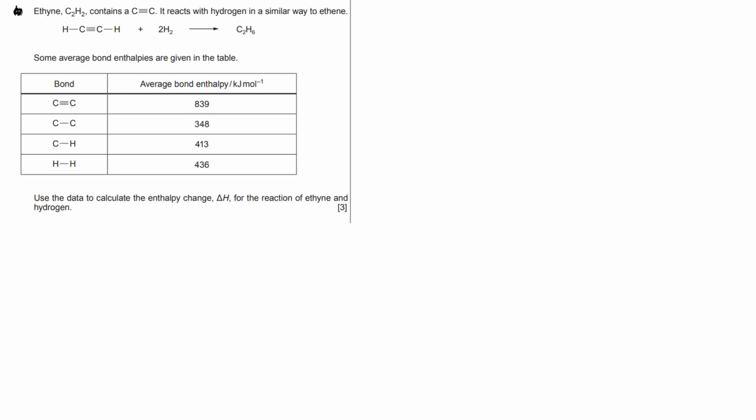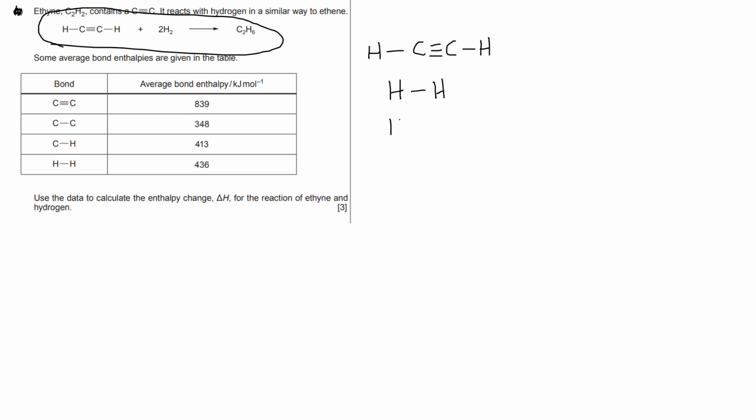The first thing I would do is take your balanced equation, which is given here, and draw it out in full displayed formula where you show all of the bonds. So the ethyne is already done for you. You've got the C triple bond C, and then the bonds to the hydrogen, remembering that carbon always forms 4 bonds. And then you've got that reacting with 2 molecules of hydrogen, so that's H to H, and that's twice.